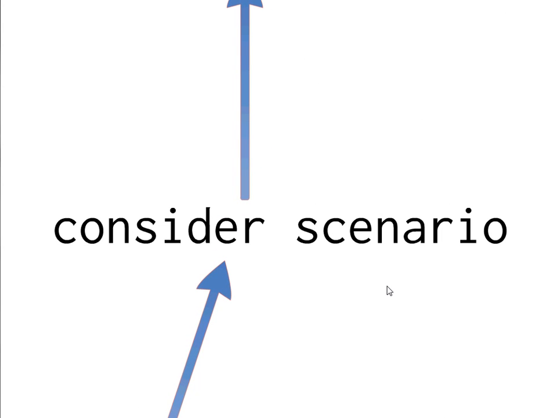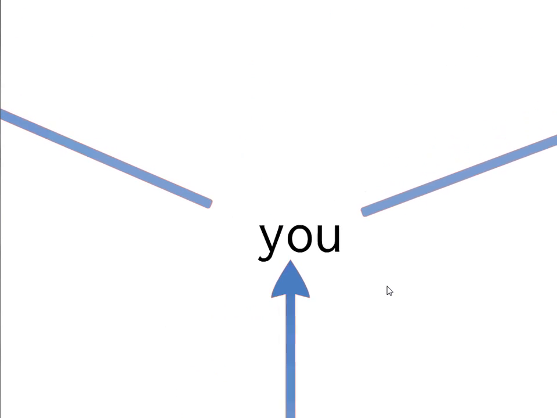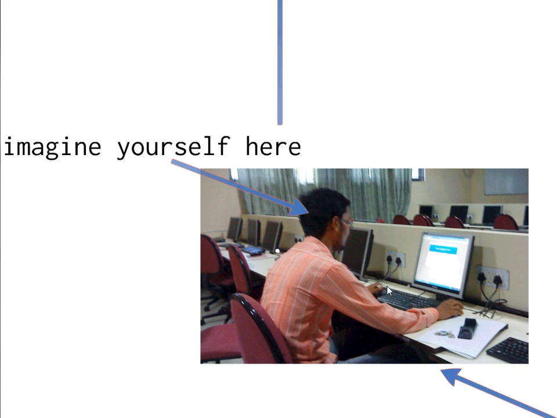So I would ask you to consider a scenario where you are working as a developer and you are the only one who is working on the software project, the only one who is writing code. You can imagine yourself in place of this fellow writing the code and sitting alone.